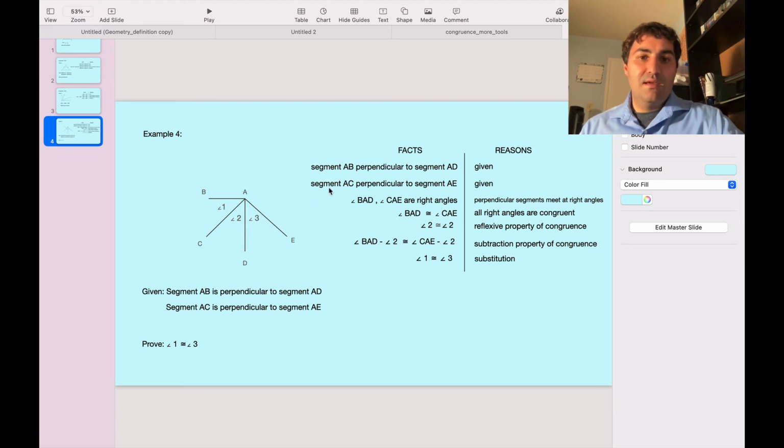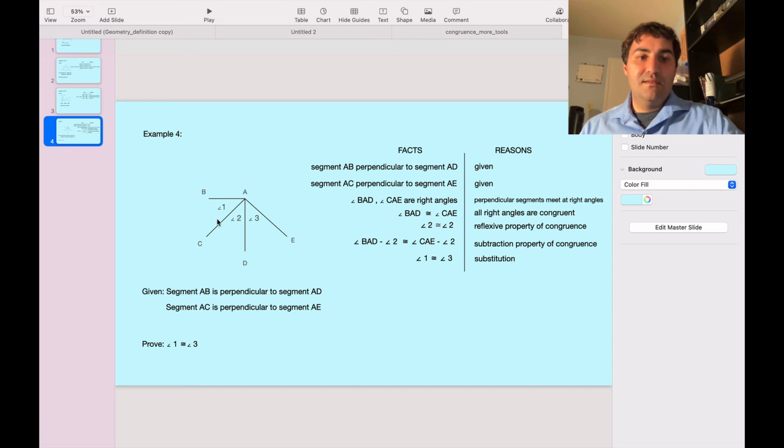As always, write down what we're given, these two statements here. And since perpendicular segments meet at right angles, if AB is perpendicular to AD, then angle BAD is going to be a right angle.